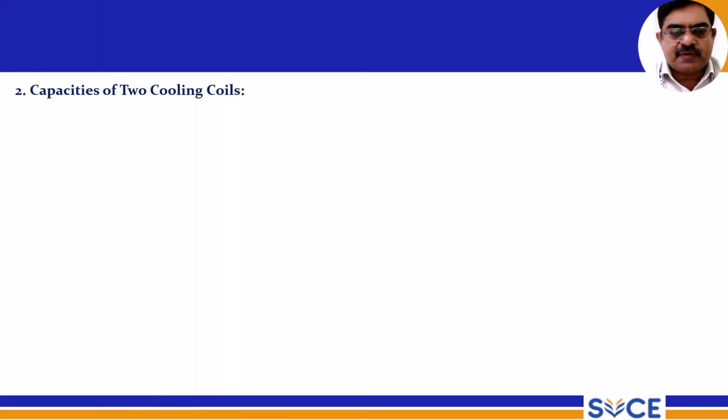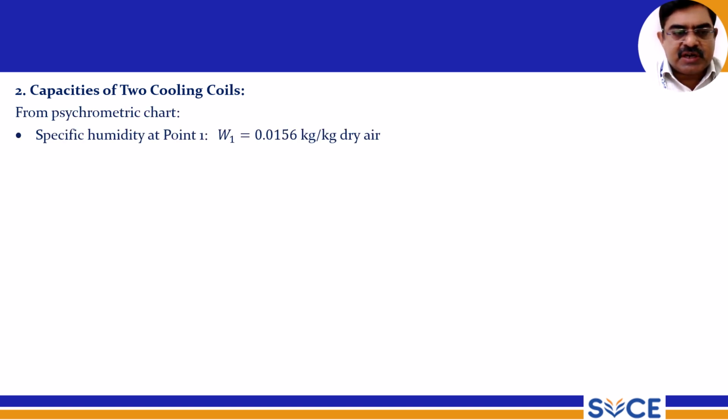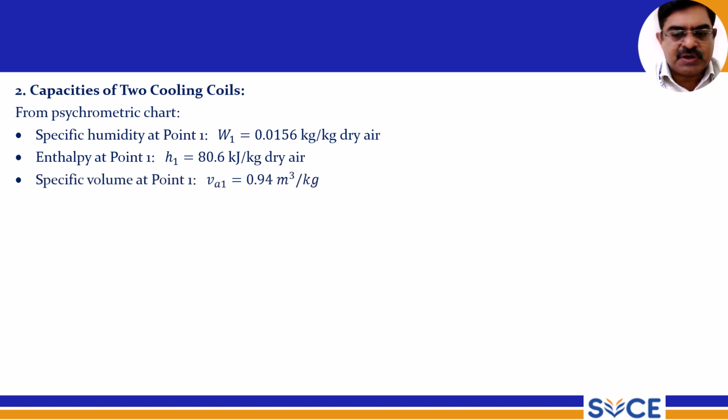So, capacities of two cooling coils. From the psychrometric chart, specific humidity at point 1 can be found out, that is 0.0156 kg per kg of dry air, and enthalpy at point 1, H1 equal to 80.6 kilojoules per kg of dry air. Specific volume also can be found out, Va1 equal to 0.94 meter cube per kg.